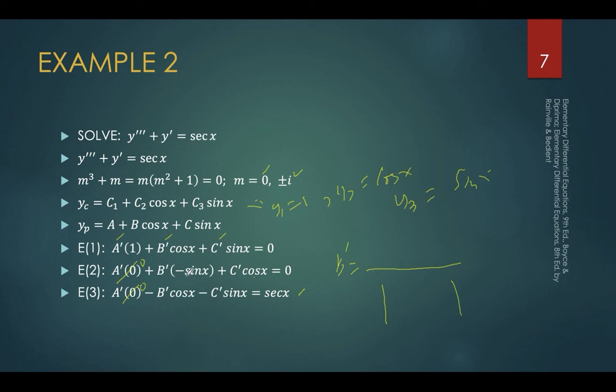For the coefficient matrix, we have negative sine x here, cosine x, negative cosine x, negative sine x.